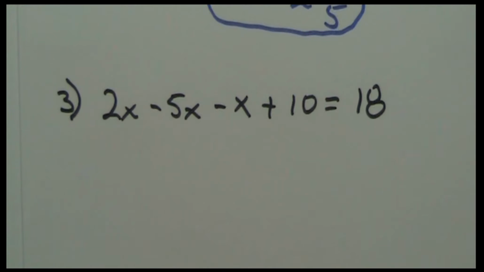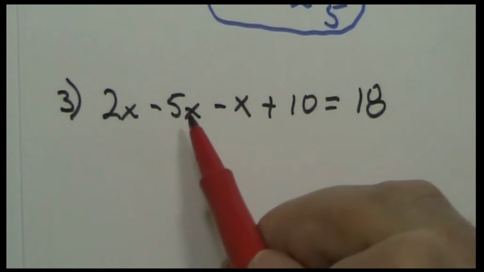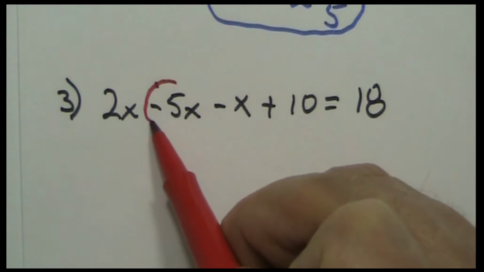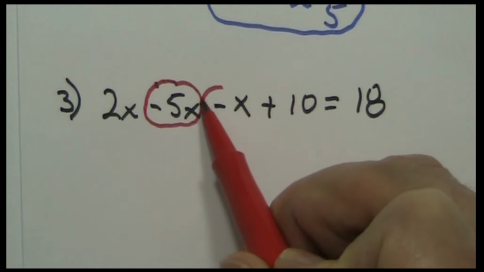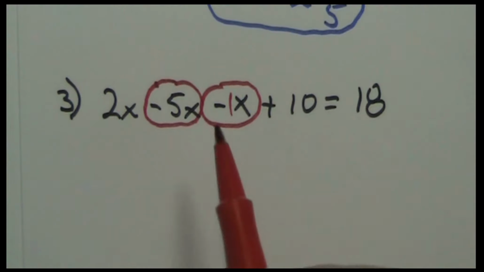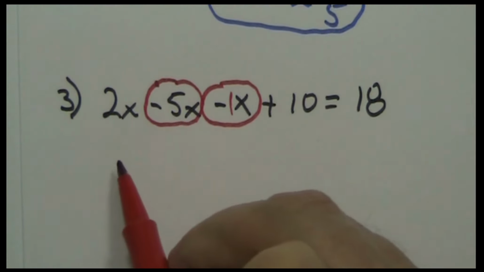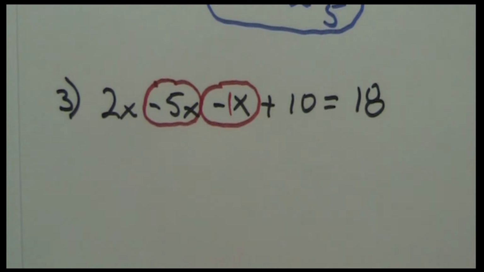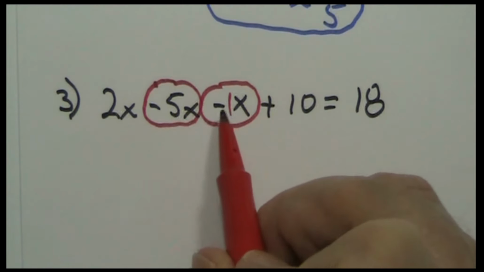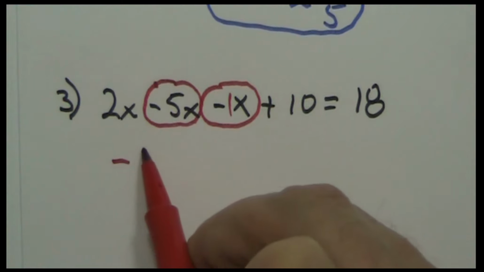I'm going to do my negative x's first. Notice I have negative 5x and negative 1x. If I put those together, that's going to give me negative 6x. 5 negatives and 1 negative makes 6 negatives.